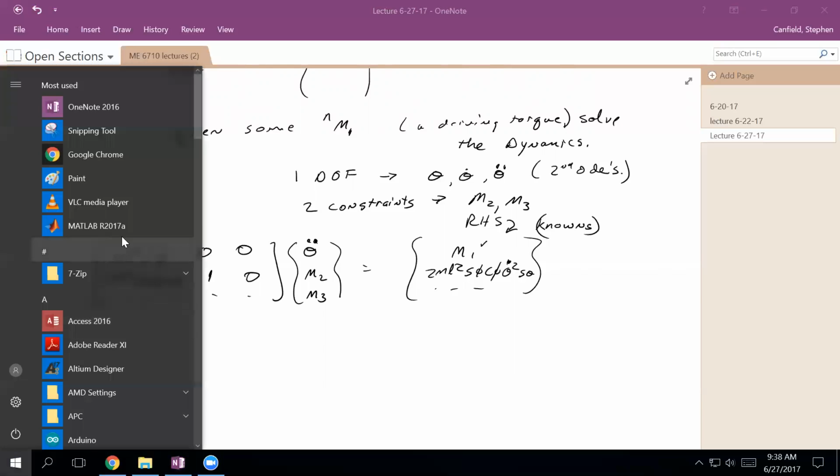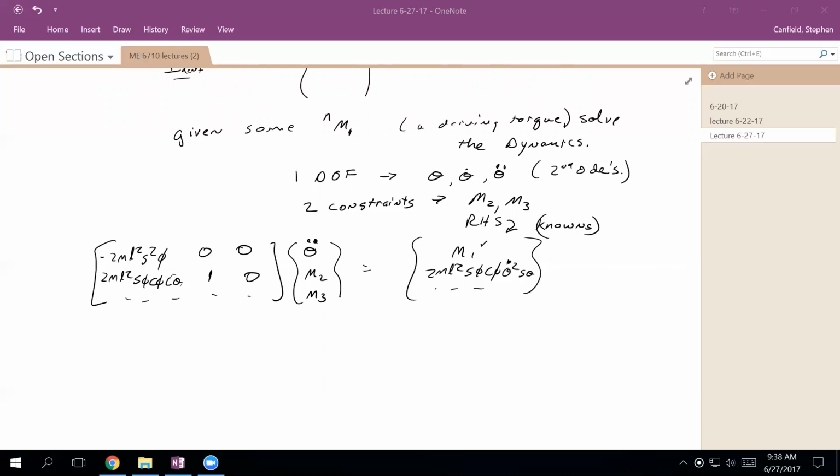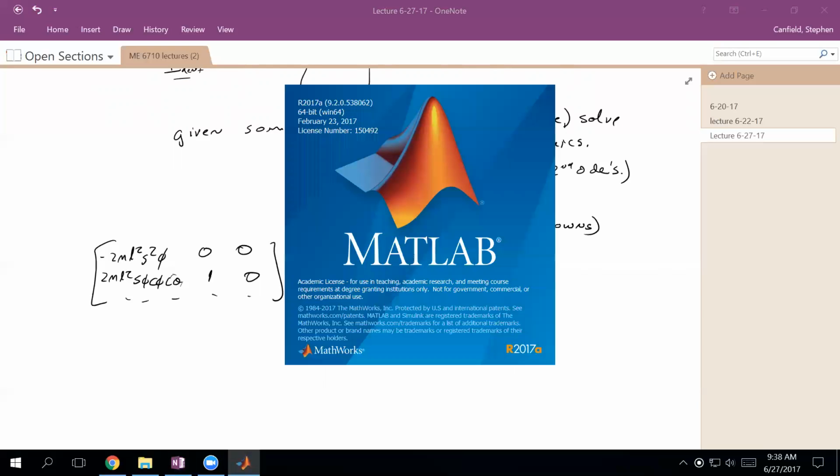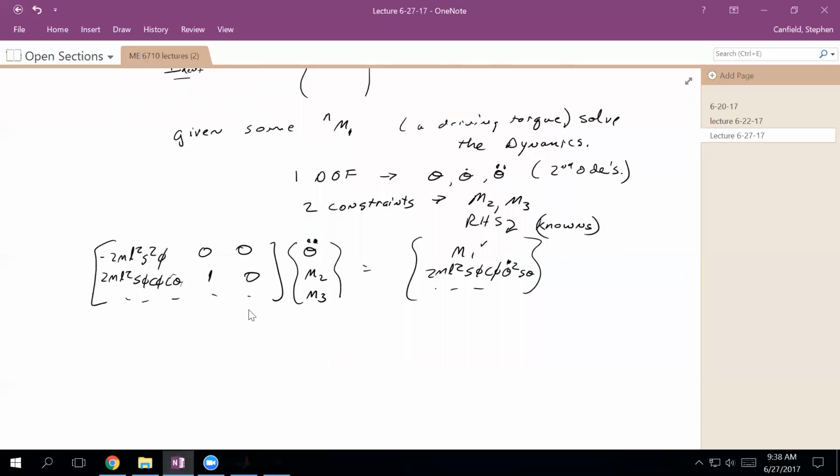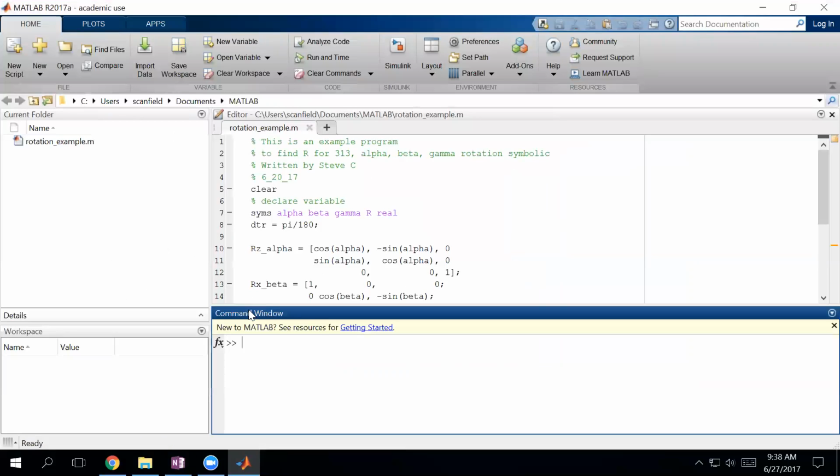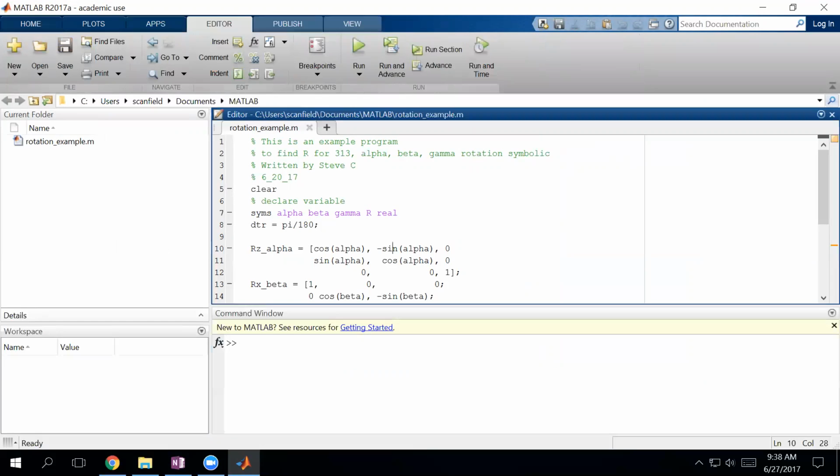There are two examples that I want to do together in MATLAB. I just opened up MATLAB and it conveniently brought up the last problem that we did together.